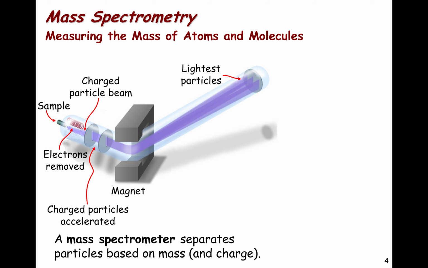We then focus those beams of the various isotopes of those ions onto a detector, and by doing a little bit of calculations, we can get an estimate of the percent of the abundance for those particular ions. Of course, the heaviest ions will be deflected the least because they have the most inertia while passing through the magnetic field, whereas the lighter particles will get bent more by the magnetic field.